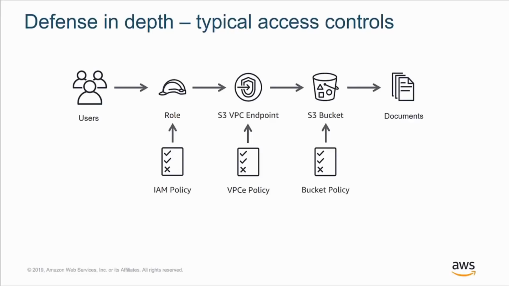But ultimately, you're looking at whether data or documents should be accessible in this diagram by a given set of users or a given set of roles from various different perspectives: from the perspective of the role, from the perspective of the mechanism, and from the perspective of the resource being sought.